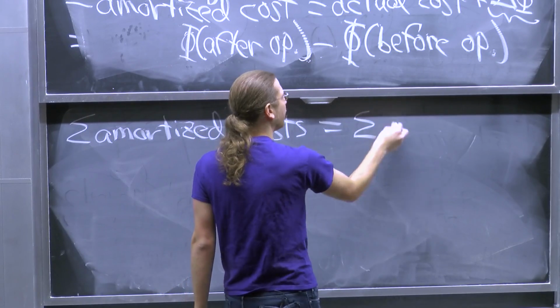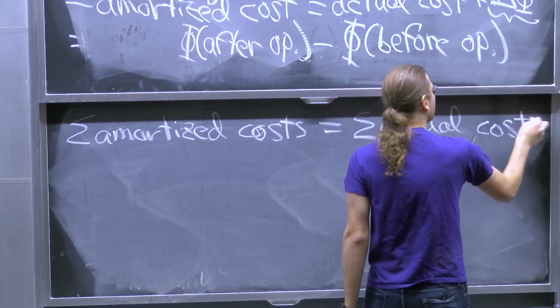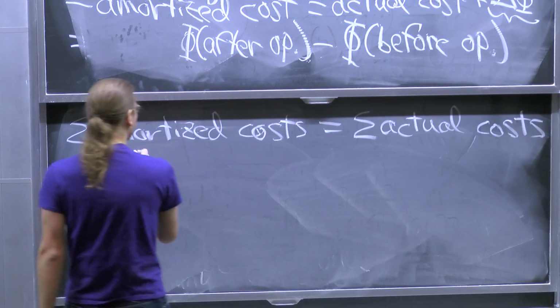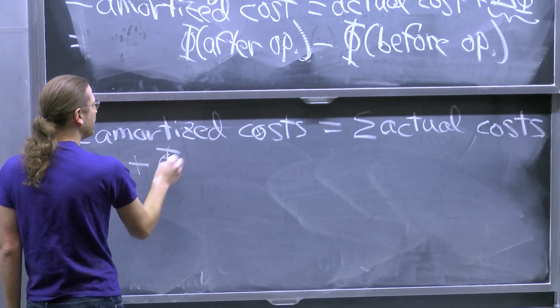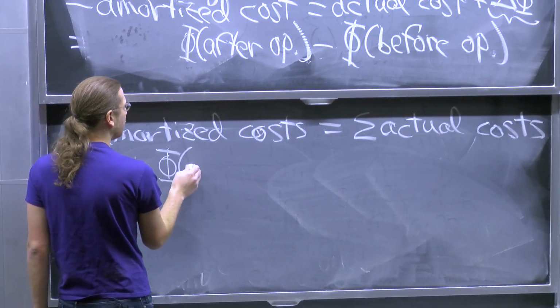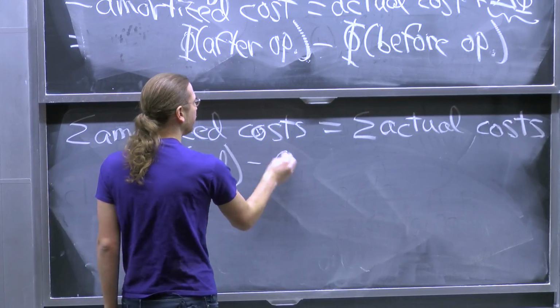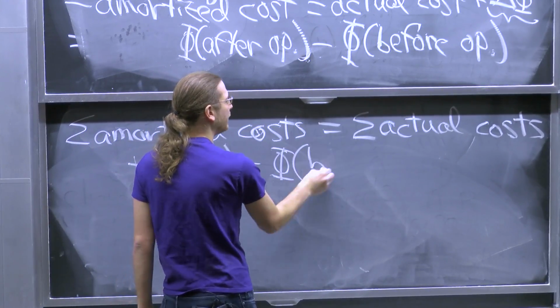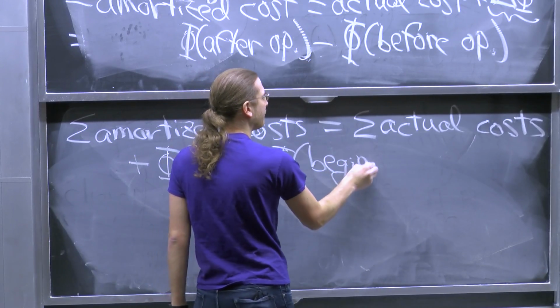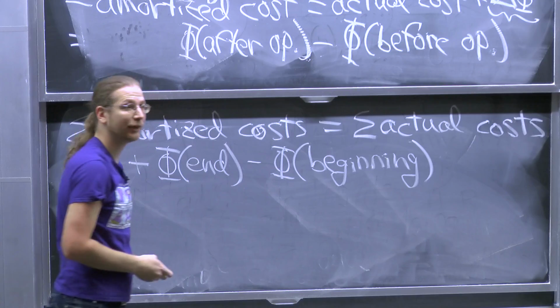is equal to the sum of the actual costs plus fee of the state at the end minus fee at the beginning. So, slight catch with the potential method.